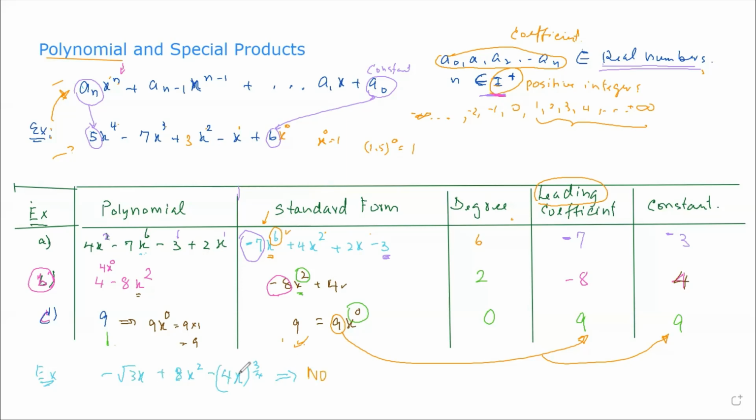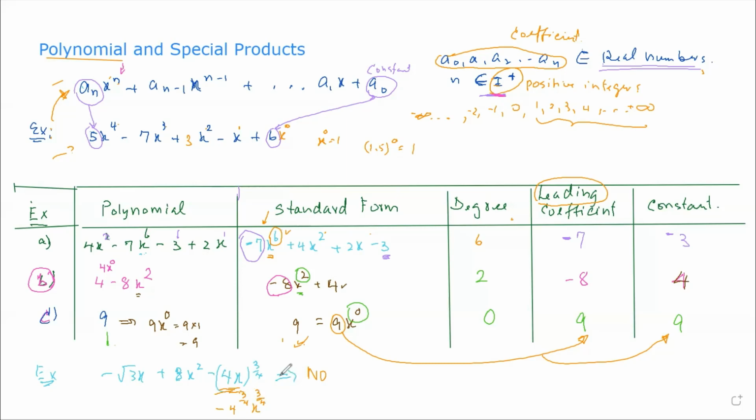Why? You see, it's this term that tells you, because this one has the index 3/4, right? Then this term only equals minus 4 times x power 3/4, right? You learned exponents already, remember?